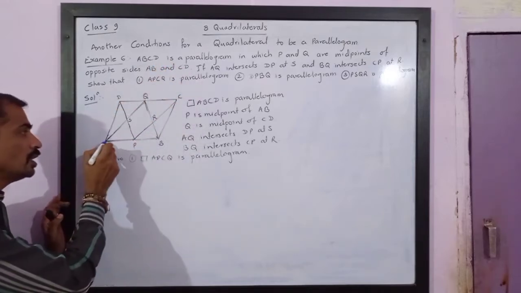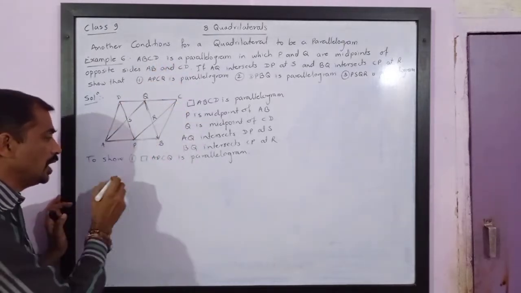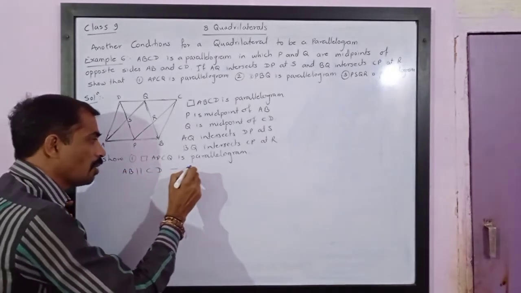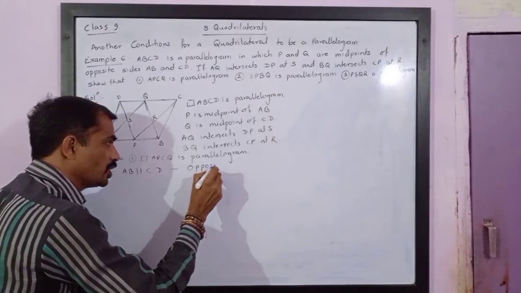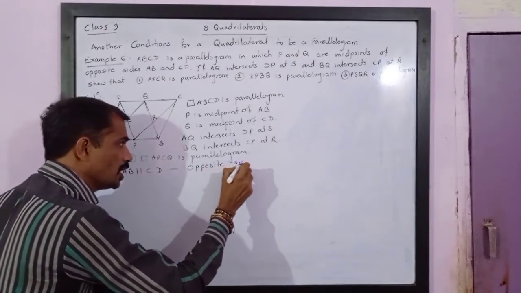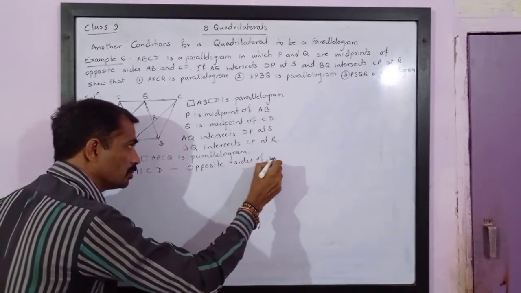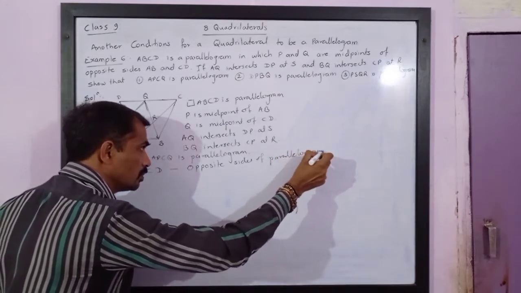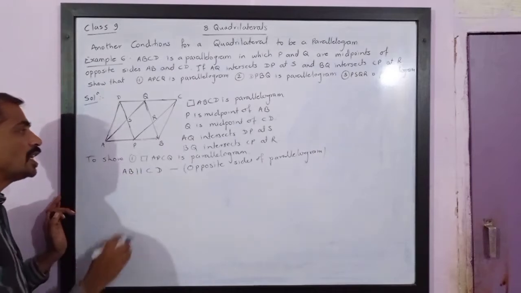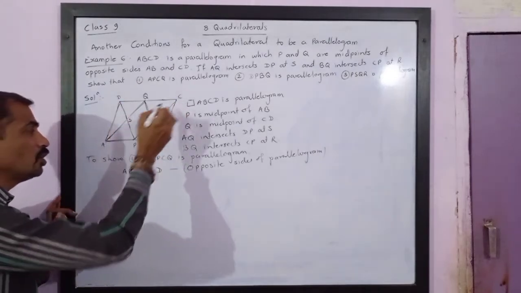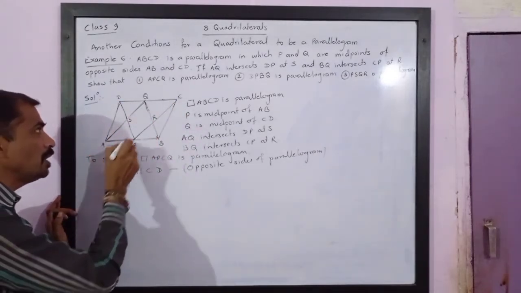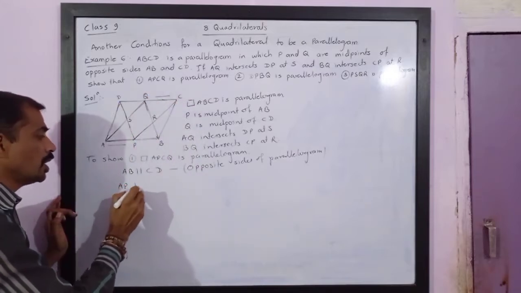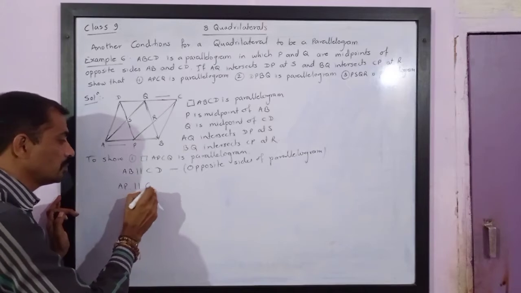Now we have AB parallel to CD. Why? Because they are opposite sides of a parallelogram. By definition, they must be parallel. If AB is parallel to CD, it means AP must be parallel to QC.